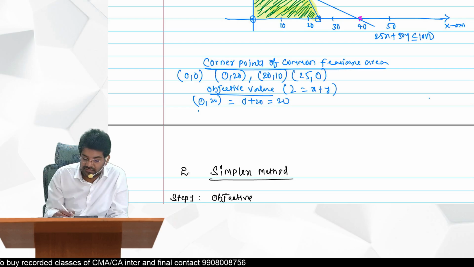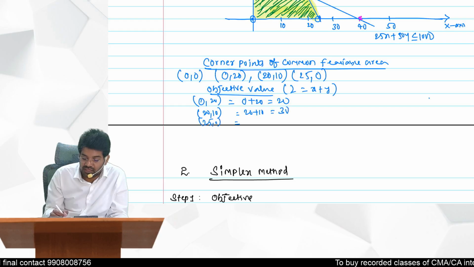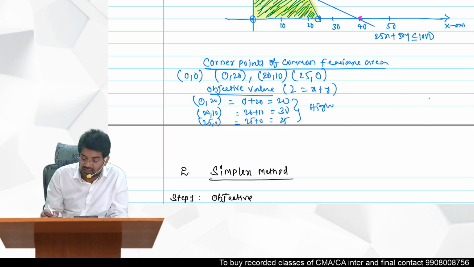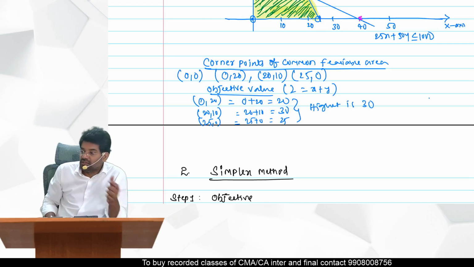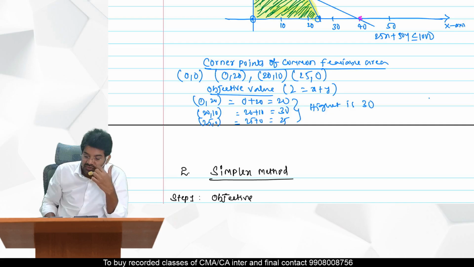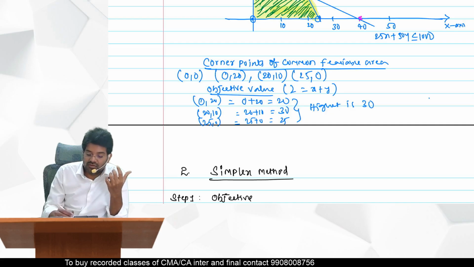If you take 20 comma 10, 20 plus 10 is 30. For 25 comma 0, 25 plus 0 is 25. So out of this, the highest is 30. So you are getting the maximum for 20 and 10.